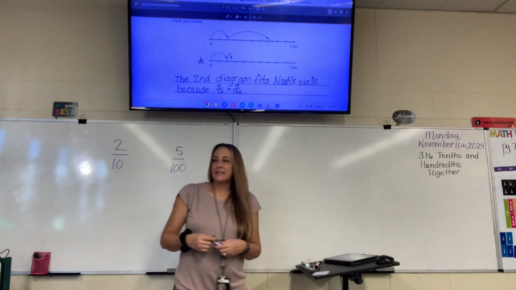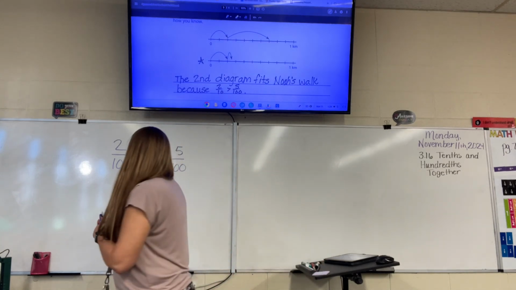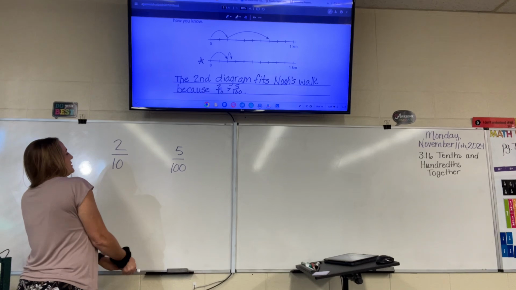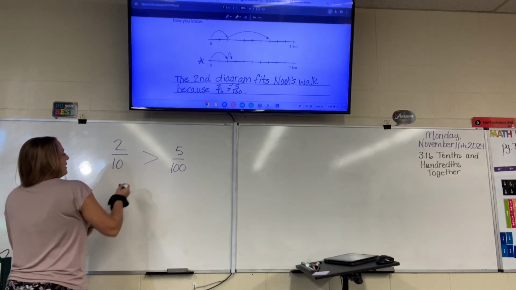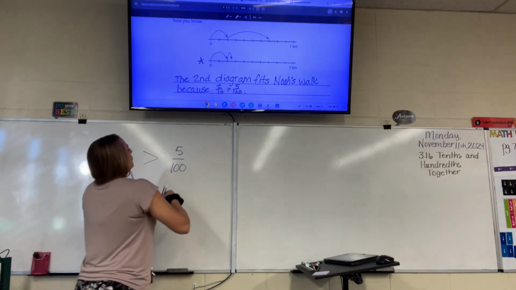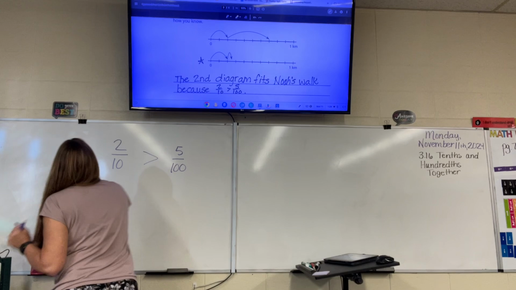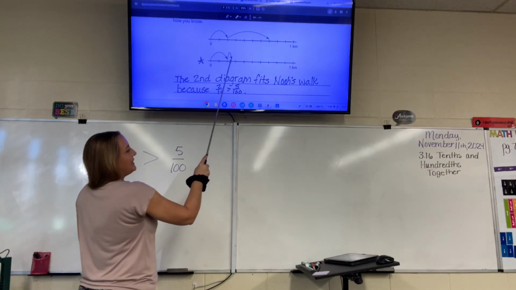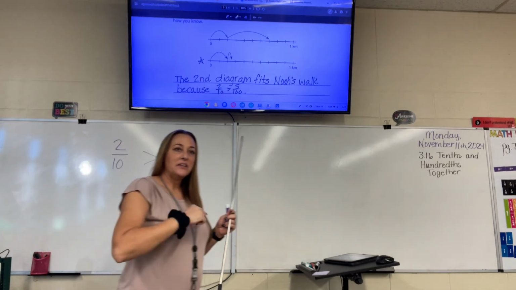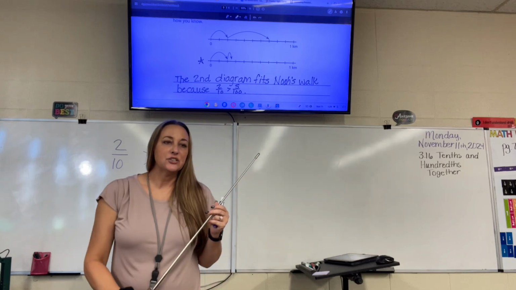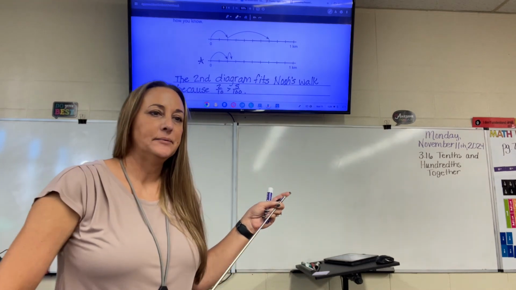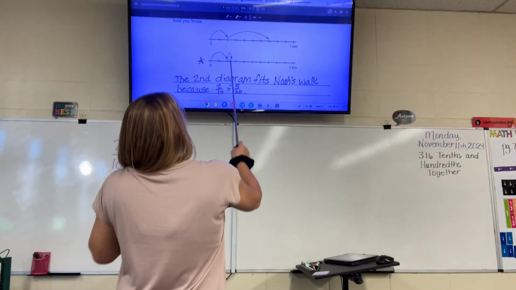Does that make sense? So if 2/10 is greater than 5/100ths, then we know that the 5/100ths amount is going to be less than the jump that he took to get 2/10. Evan, does that make sense?